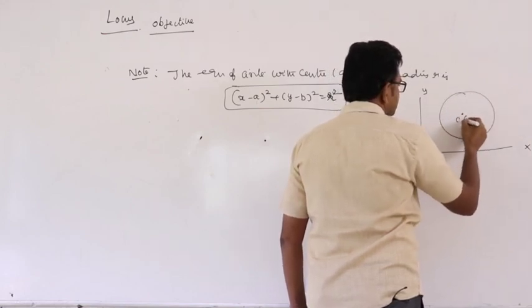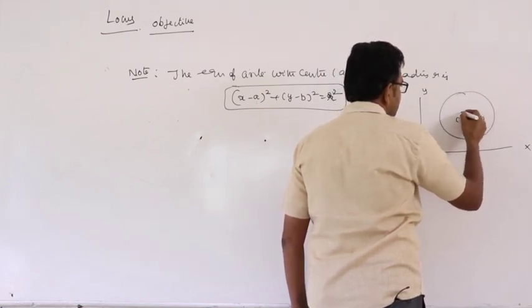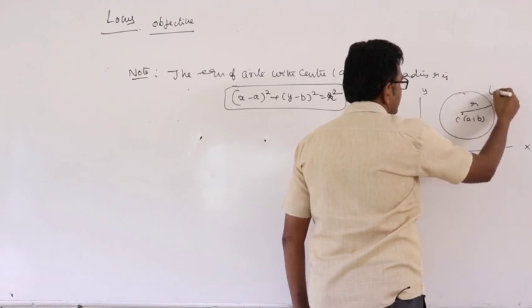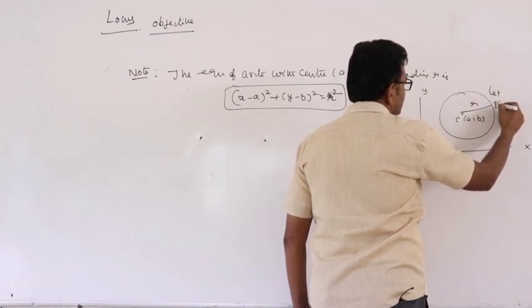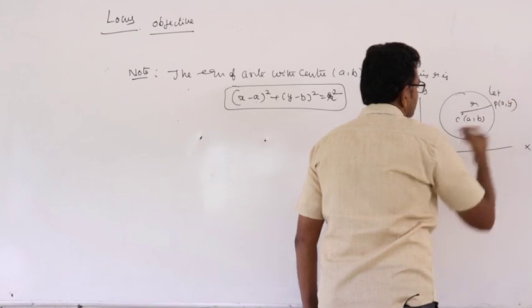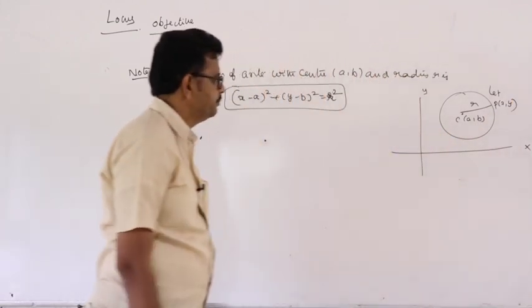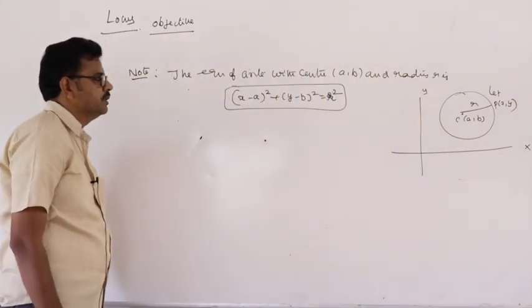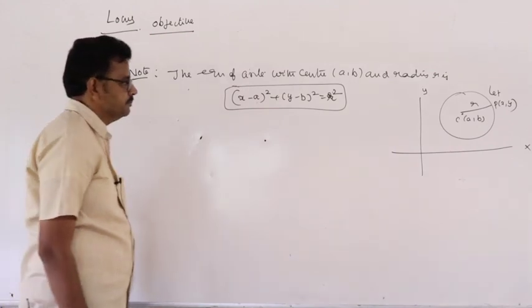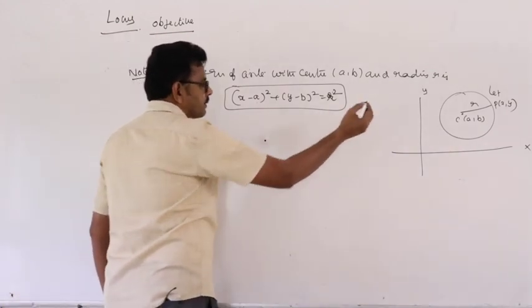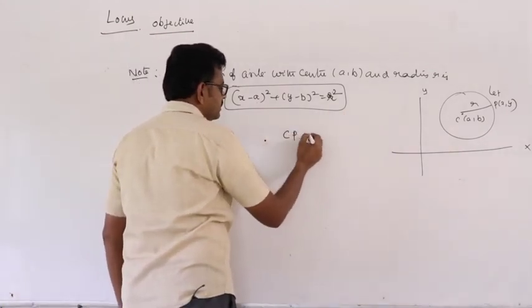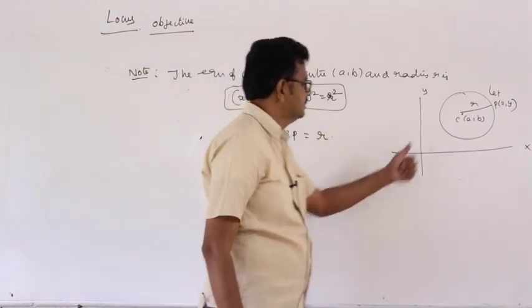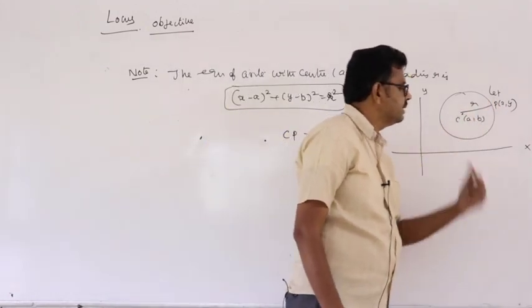Let this be C, center (a, b), and this radius is r. Let the point P(x, y) be a point on the circle. What is CP equal to? Radius. The distance between C and P is the radius.